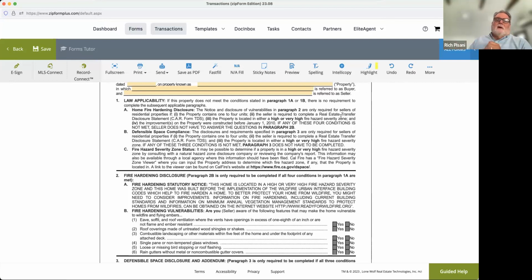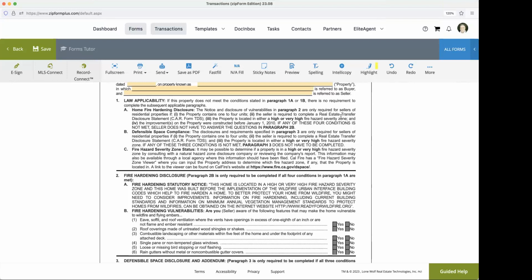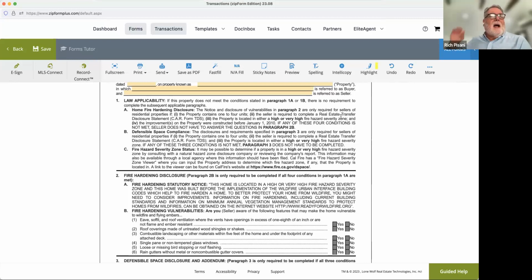Okay. Is this where you let a buyer know that it's difficult to line up fire insurance? All these companies have been pulling back on that. No, the time that you let the buyer know about insurance, not only fire insurance, insurance period, is the moment that you open escrow.